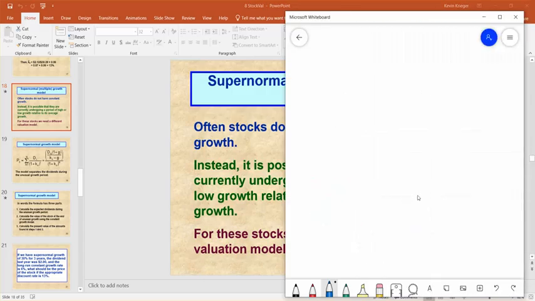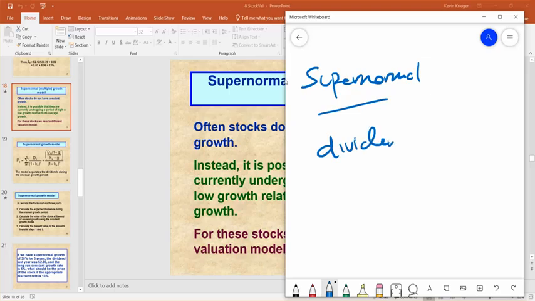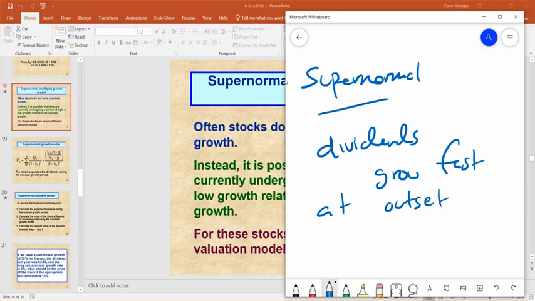Now, you've got some of the detail here in your slides, but in the supernormal case, the common dividends here we're talking about are the only ones that grow. They grow fast at the outset, and only later do they settle to a true permanent growth rate that we call g.